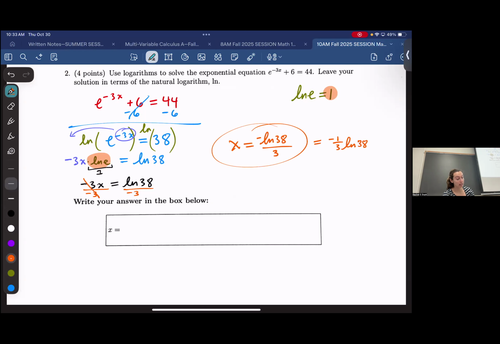If you wanted to bring that -1/3 inside, your ln of 38 raised to the -1/3, or your ln of 1/38 raised to the 1/3, or your natural log of 1 over the cube root of 38. Any of those answers would yield you full credit.